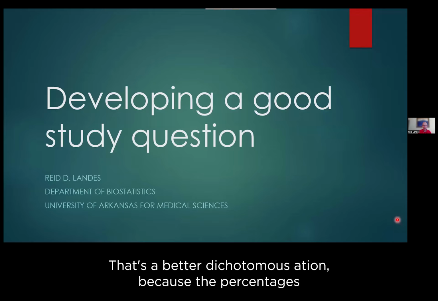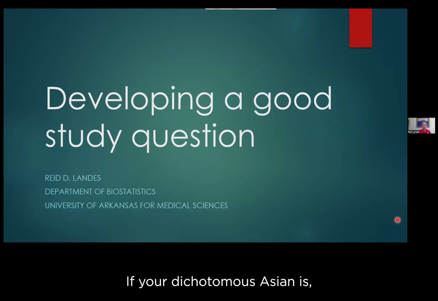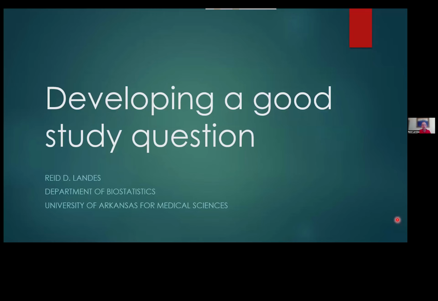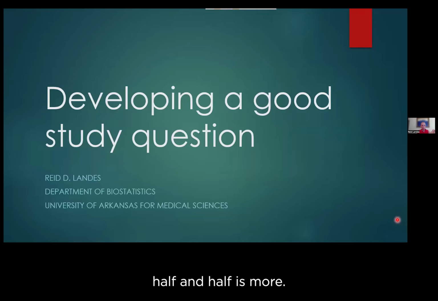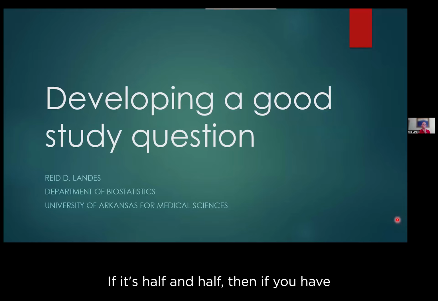That's a better dichotomization because the percentages between the dichotomies are closer to 0.5. If your dichotomization is literally half and half, that is optimal. It's optimal because the variability between half and half is more. You've got more variability that you can explain if it's half and half than if you have 10% and 90%. There's not as much variability there.